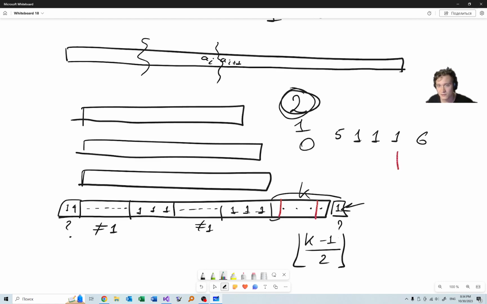For example, if you replace this element with 0, only this pair is fixed, but this is not fixed. So this fixes one pair. After that, this fixes one pair. But now this element fixes two pairs, this and this.